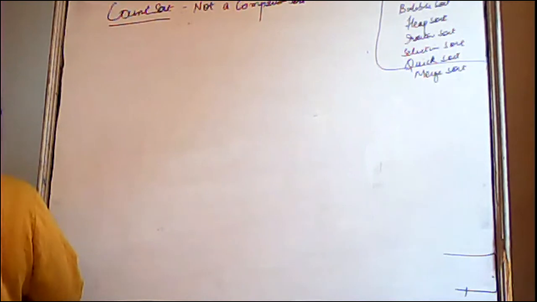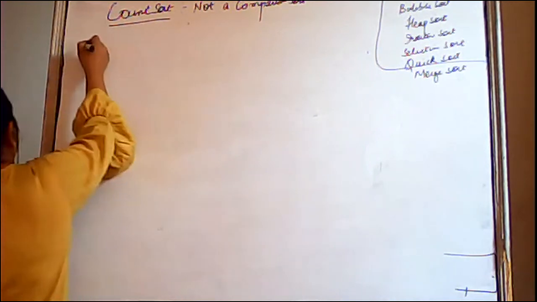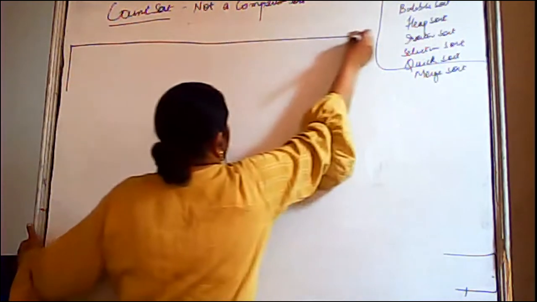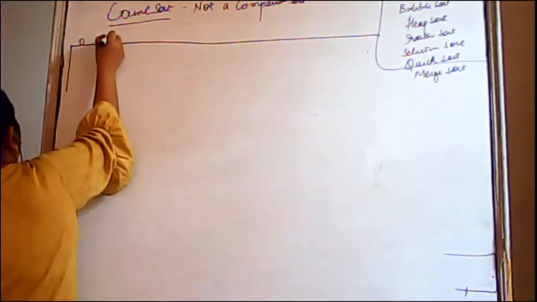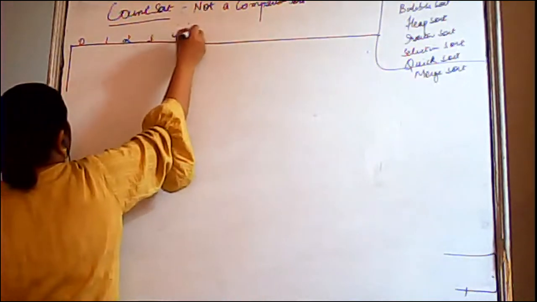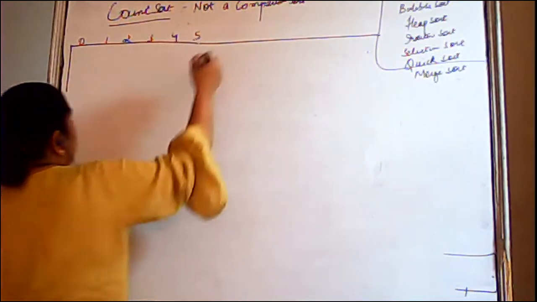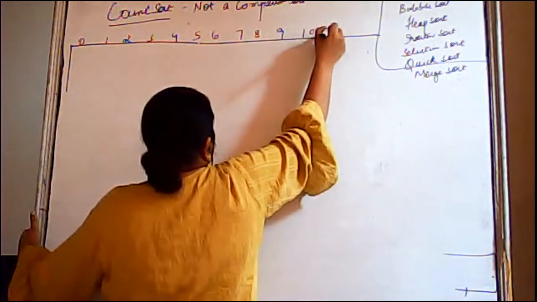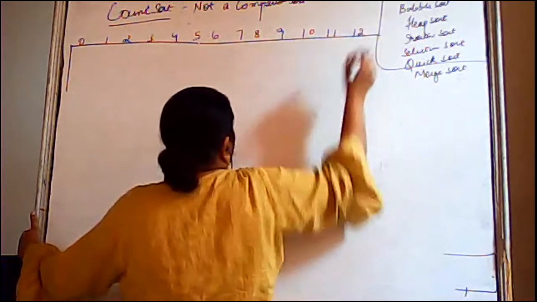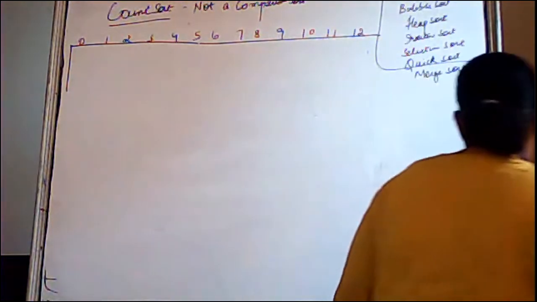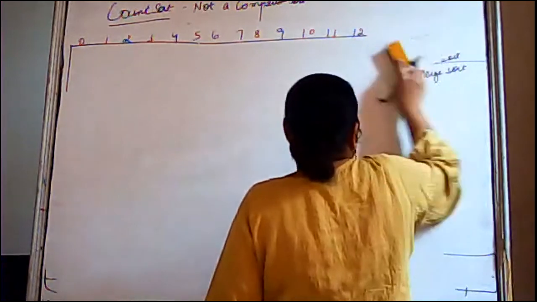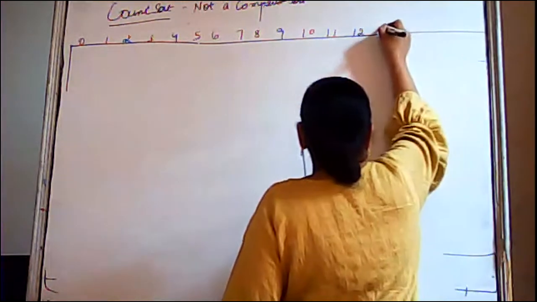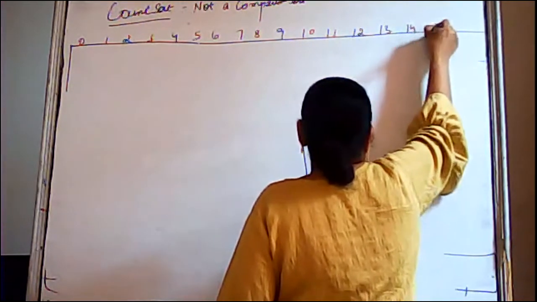Suppose the array A which is given to us has indices 0, 1, 2, 3 and so on up to 16, so 17 numbers are given to us.